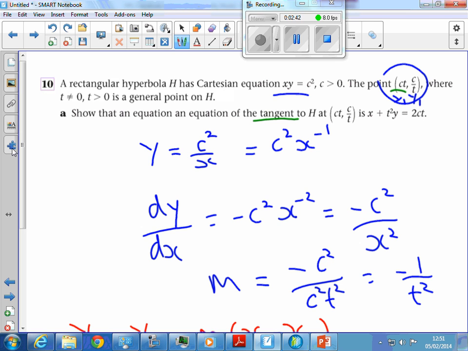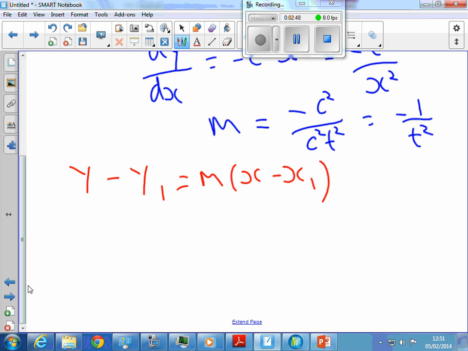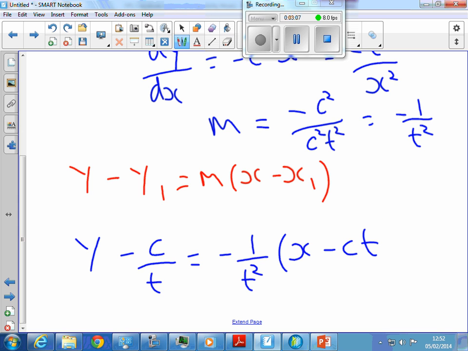Okay, and we've already found the gradient, and we just need to show that you get that. So let's just put it in. So y minus y1, which is c over t, is equal to the gradient, which is minus 1 over t squared, times x minus ct.